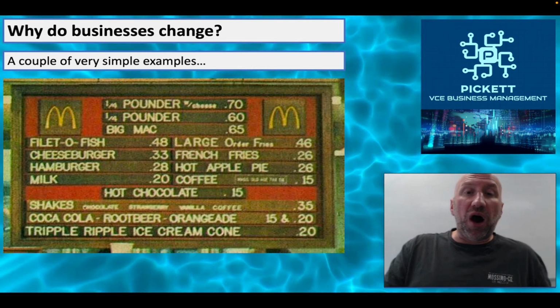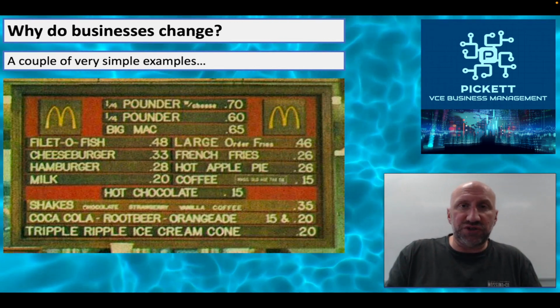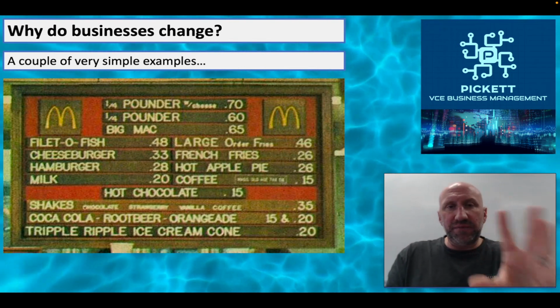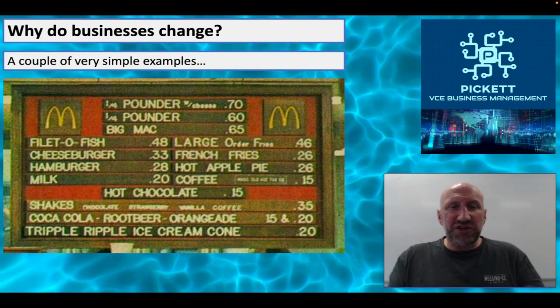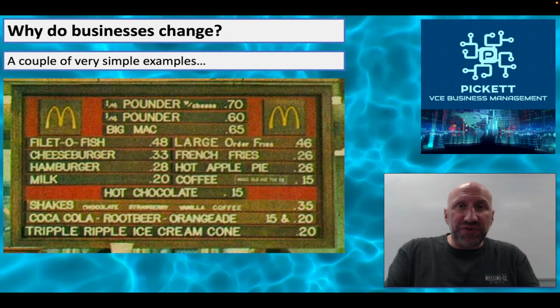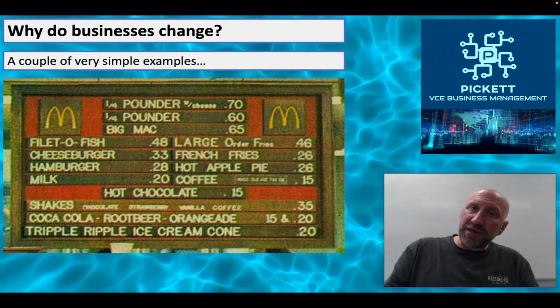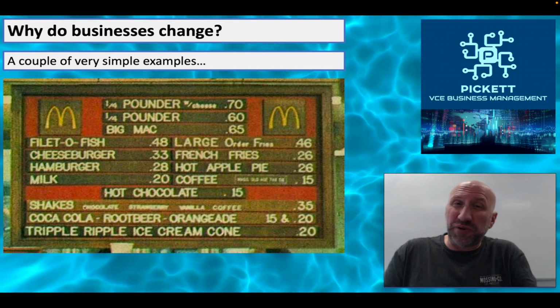By the time I was working at McDonald's and running a bunch of stores in the mid-90s, the menu looked a little bit more like this, so it expanded. You can see there's different menu items on there that meet different customer needs. So for example, a fillet of fish.